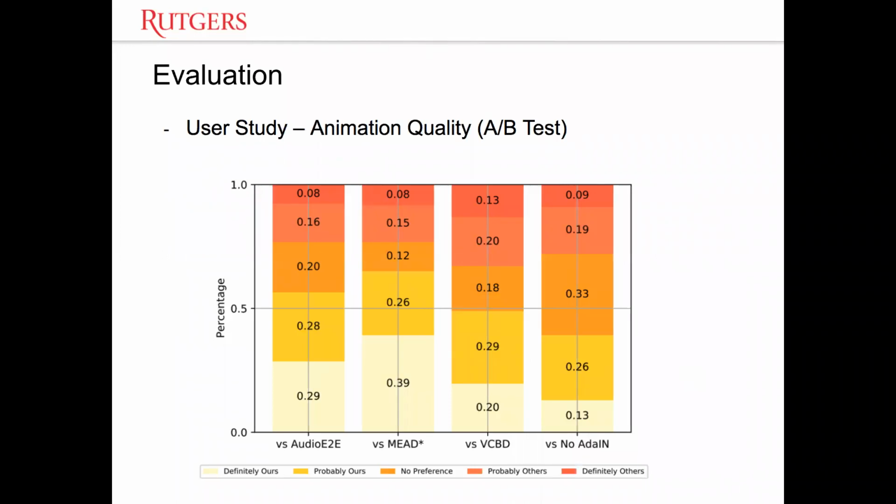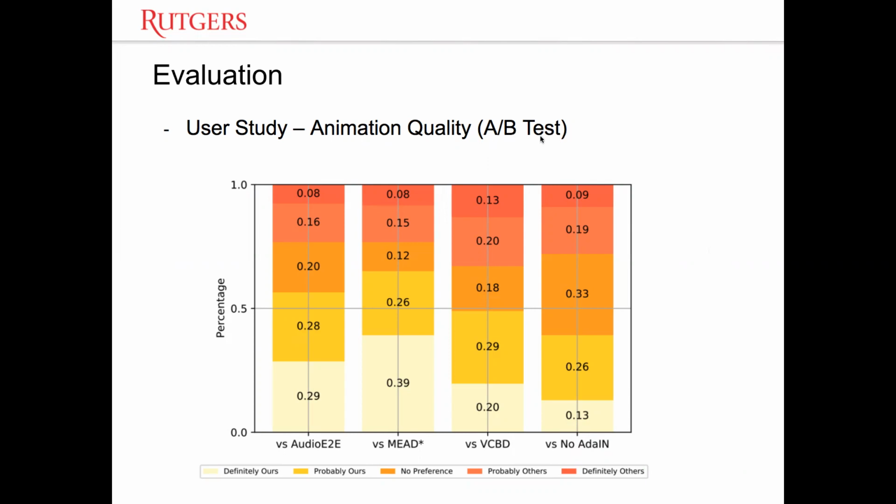Okay, another user study: given the animation from one work and the animation from our work, which do you prefer in terms of animation quality? So it's actually an A-B test.